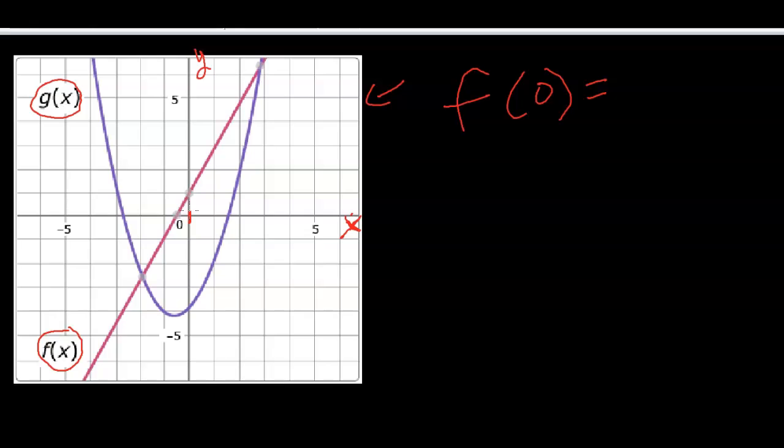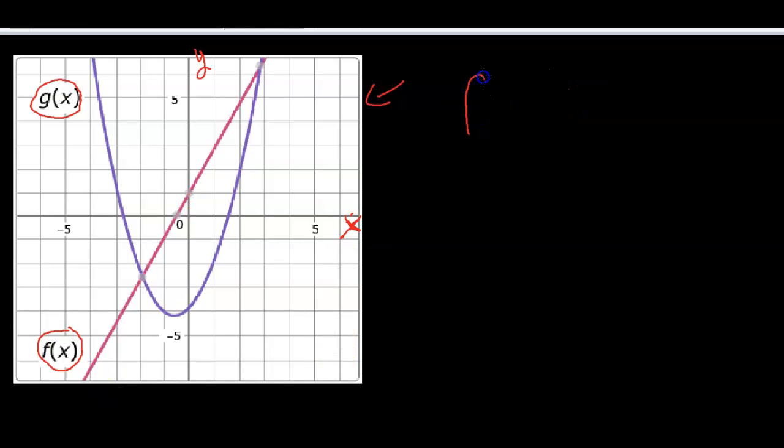To find out what value the function f of x has at x equals 0, we're going to look straight up until we find where the graph representing f of x lies. What is the corresponding value on the y-axis at that point? That's the value y equals 1. So when we plug in x equals 0 to the function f, the output is positive 1.